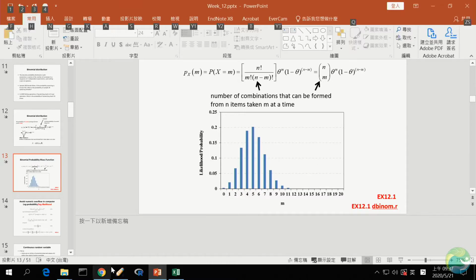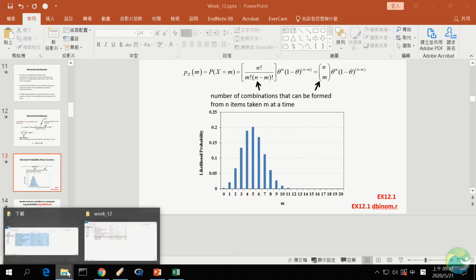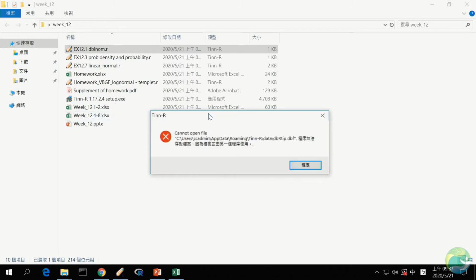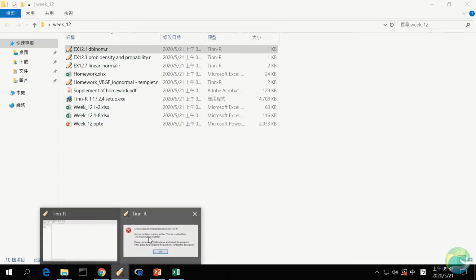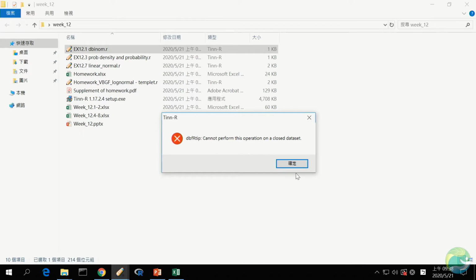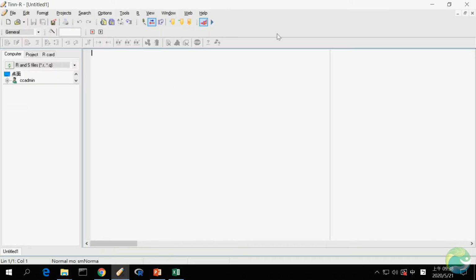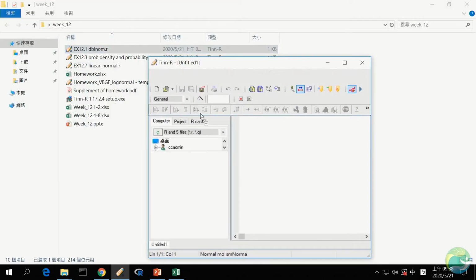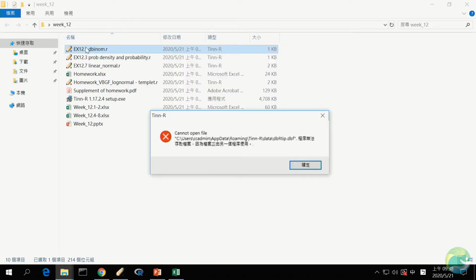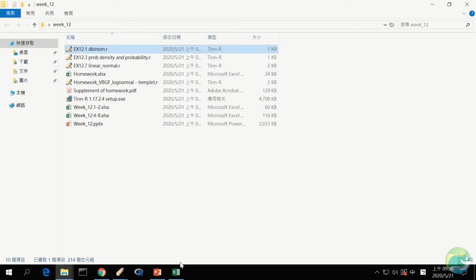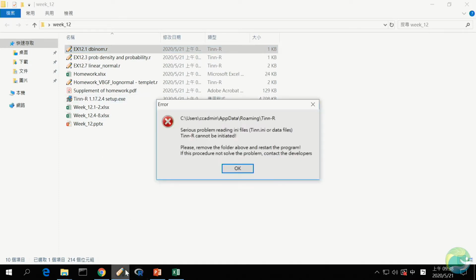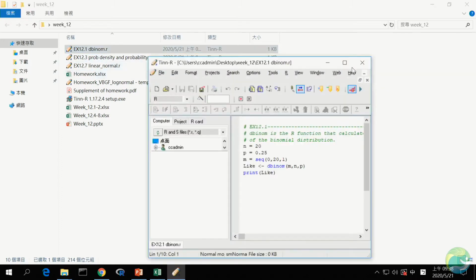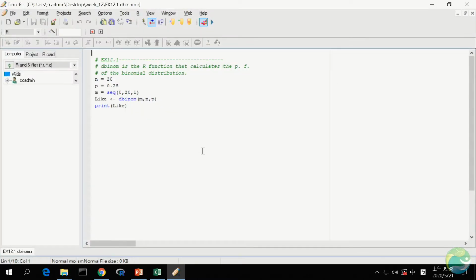And how about doing it in R, not Excel? Okay, same.